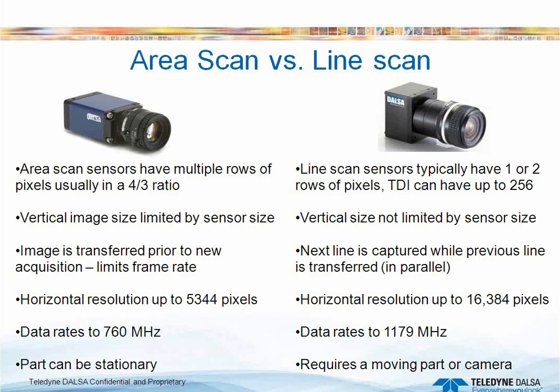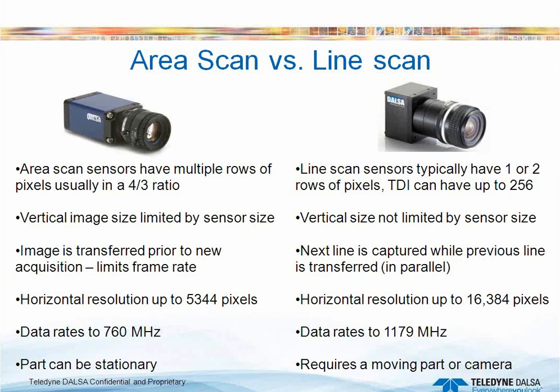When you go to line scan technology, line scan sensors have one row of pixels, two rows of pixels, or the TDIs have up to 256 rows of pixels. The vertical size is not limited, since the horizontal limitation is only the number of pixels in the row, and we build an image based on movement, in the vertical direction.